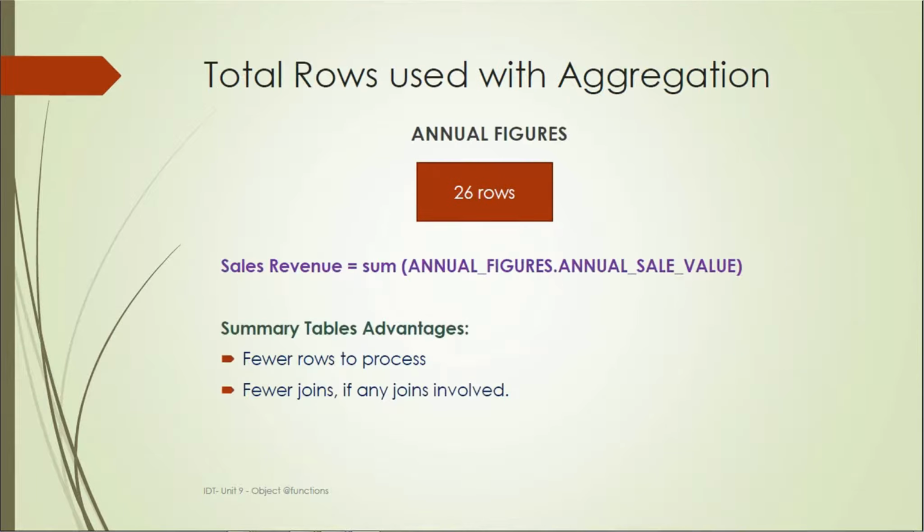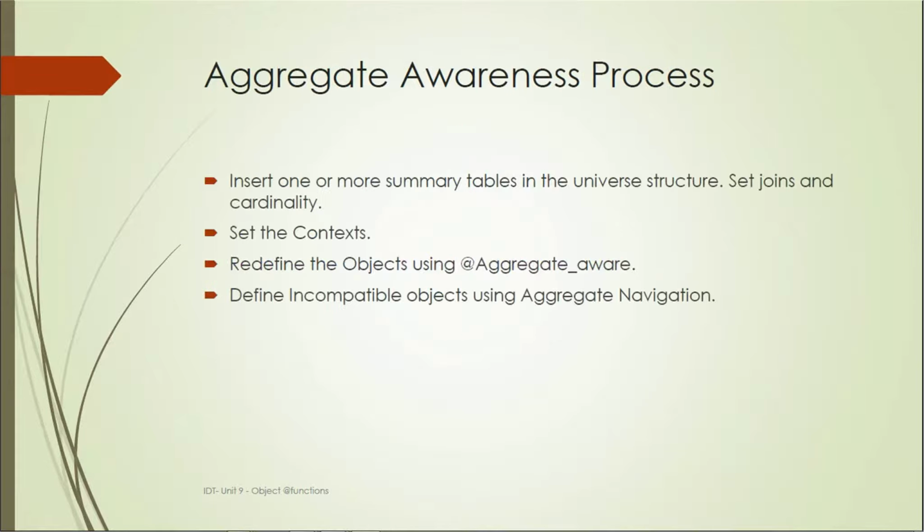Now if we apply aggregation with the summary table, it will be the sum of annual figures dot annual sales revenue. This will just return 26 rows, which is just what is needed after calculating. What are the advantages? There are fewer rows to process, and fewer joins if any joins are involved. That is the advantage of aggregate awareness.